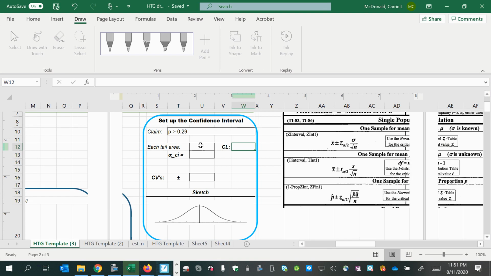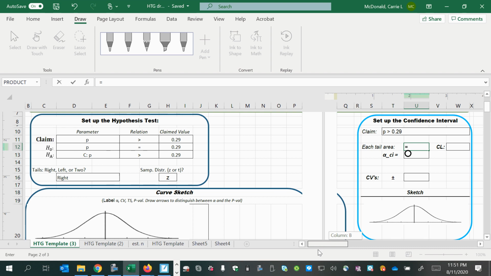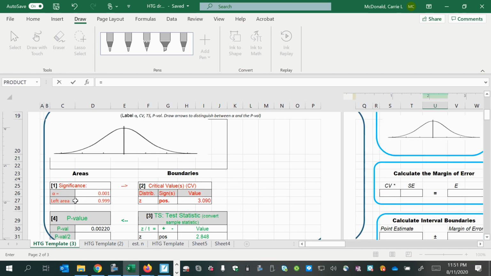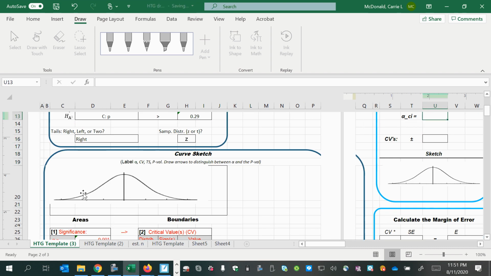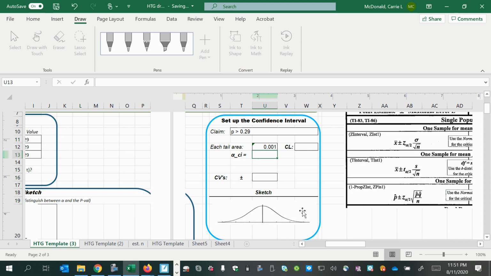Okay, so what we just said is that we have an area in each tail that is equal to the total significance level from your hypothesis test. And because that was a single-tailed test, we end up having to double that. You only double when your hypothesis test was single-tailed.